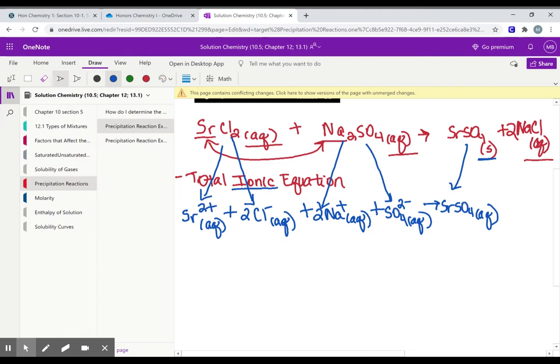All right, now there is one new piece here, which is that this sodium chloride has a coefficient. So the thing we want to remember is that coefficients belong to both ions in the chemical formula. So both of these ions are going to have a coefficient of 2.